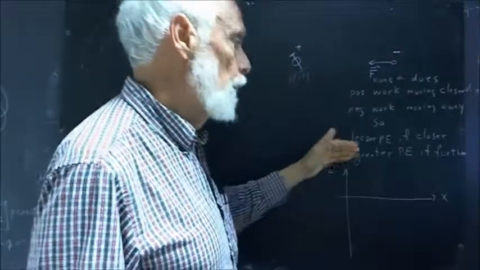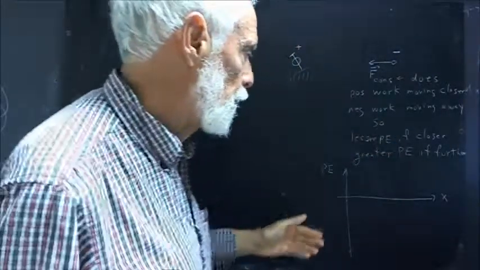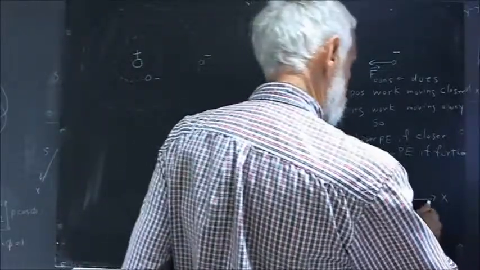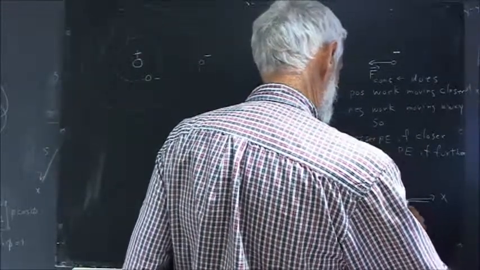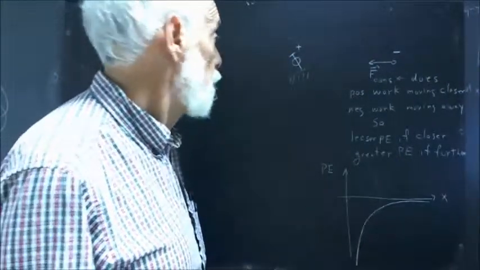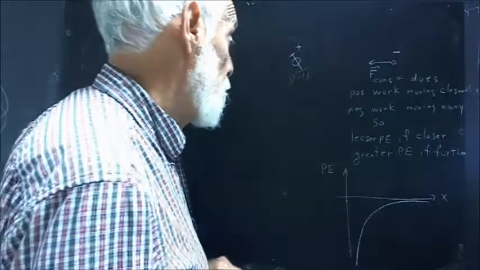So it starts at zero and it decreases as we get close, which means that the potential energy versus position function is going to look something like this. Okay, and we're approaching a potential energy of negative infinity as we approach this positive charge.